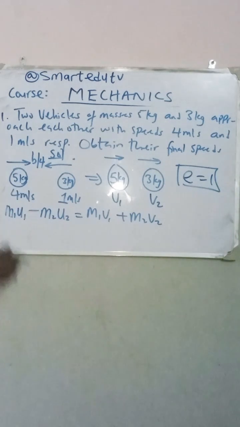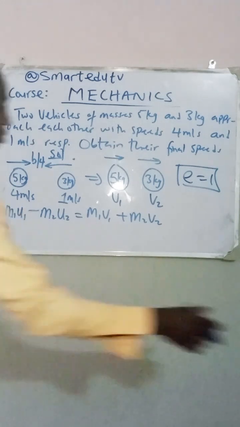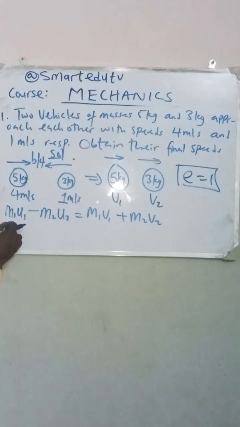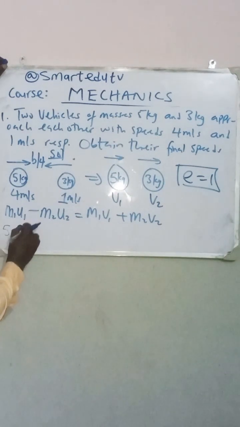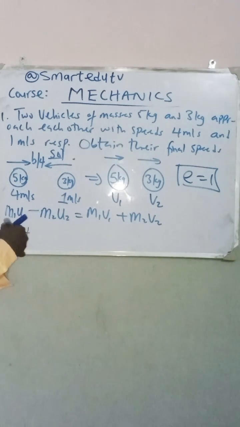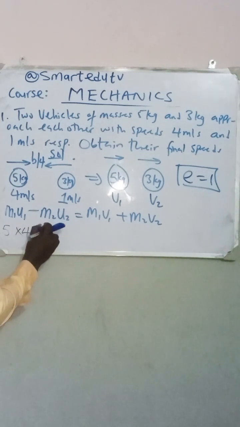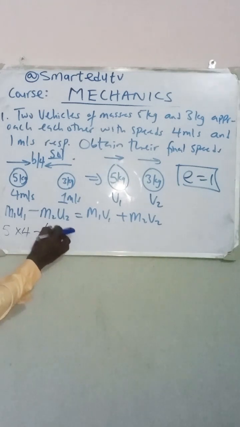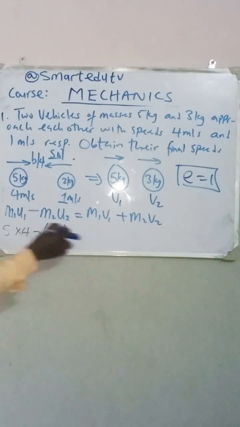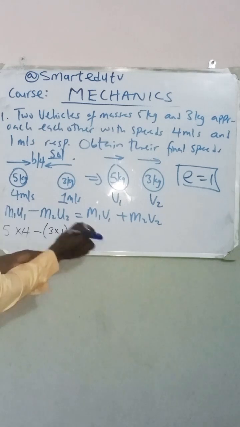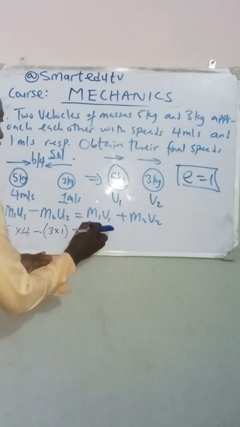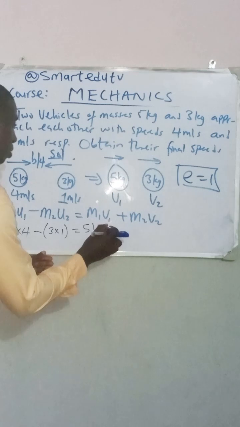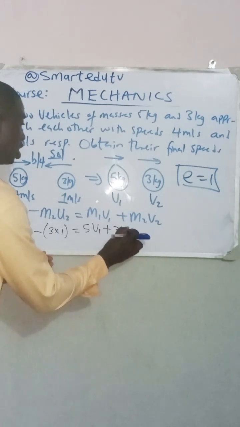For the first one, the mass is 5 multiplied by 4, minus, for the second one, m2, 3, multiplied by 1, should be equal to, don't forget, the mass still remains the same, 5 V1 plus 3 V2.